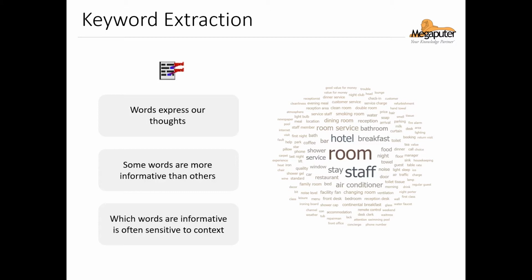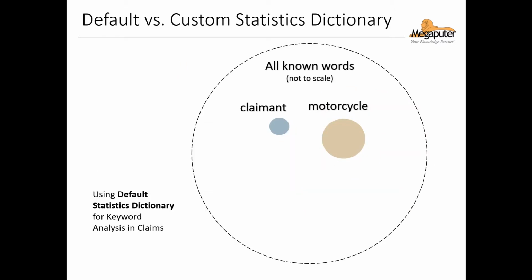Now, we mentioned how context plays a role in determining which words are more informative in a given data set. And this is where it's useful to go over the benefits of using custom statistics dictionaries versus using the default English statistics dictionary. For example, in datasets comprised of typical English, you're much less likely to see the word claimant, whereas the word motorcycle may appear more often by comparison.